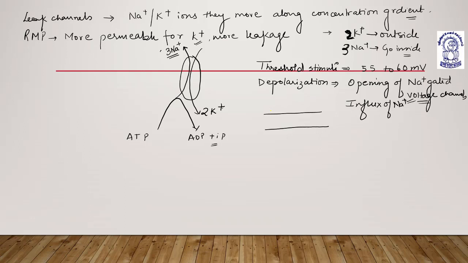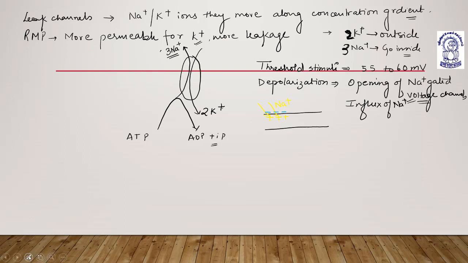The moment Na+ comes inside, what will happen? The negative part becomes positive because of the influx of sodium ions, and the outside part becomes negative.